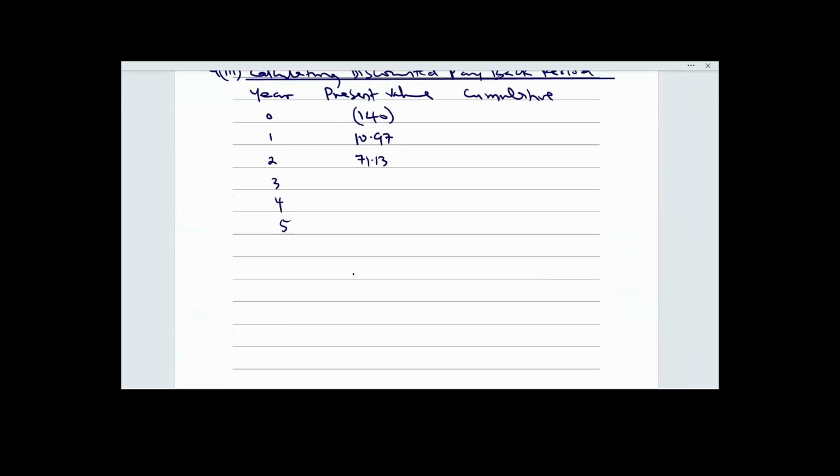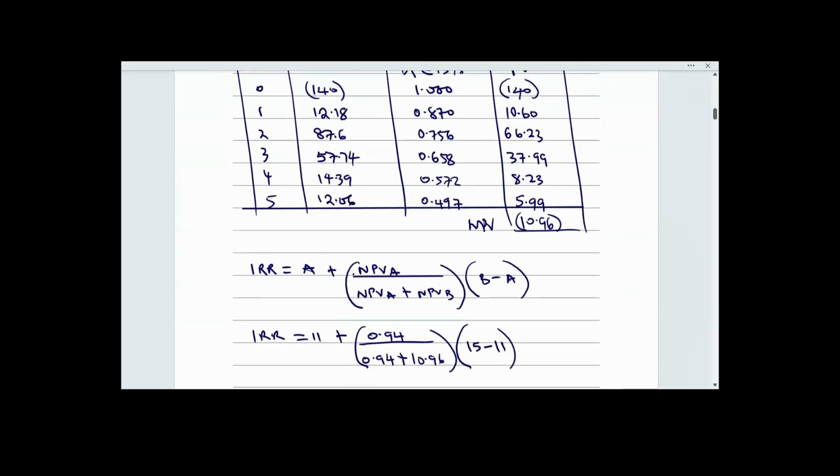Present value of year 2 is 71.13. What's present value of year 3? 42.21. Okay. Year 4, 9.48, and then year 5, 7.15. So those are the present values we have calculated previously.